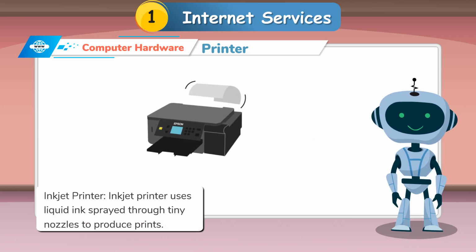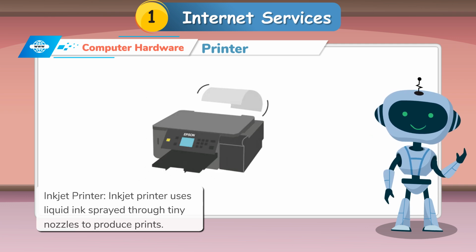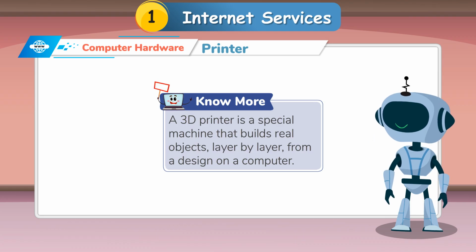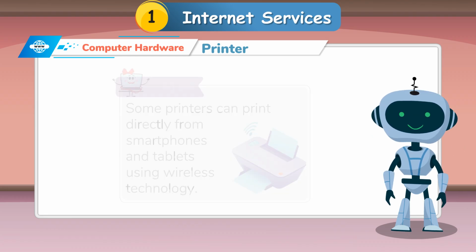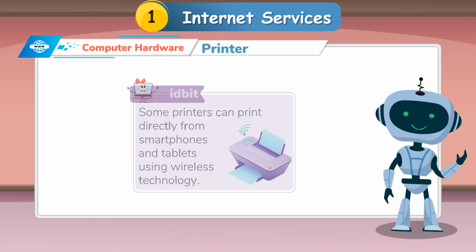Inkjet printer uses liquid ink sprayed through tiny nozzles to produce prints. Did you know? A 3D printer is a special machine that builds real objects layer by layer from a design on a computer. Tidbit: some printers can print directly from smartphones and tablets using wireless technology.